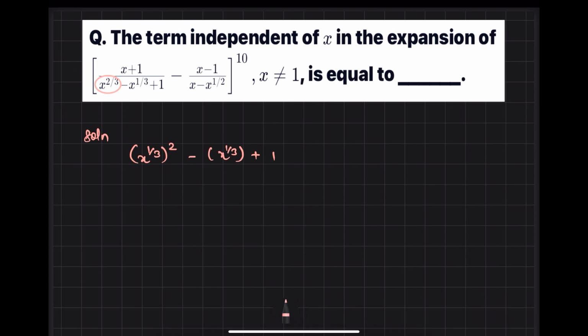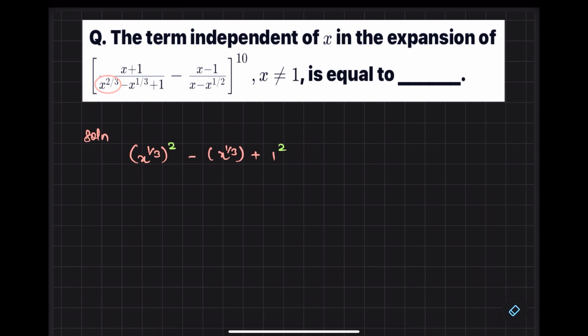So what I want you to imagine, just look at this. Can I write this thing as something square plus something square minus something into something?